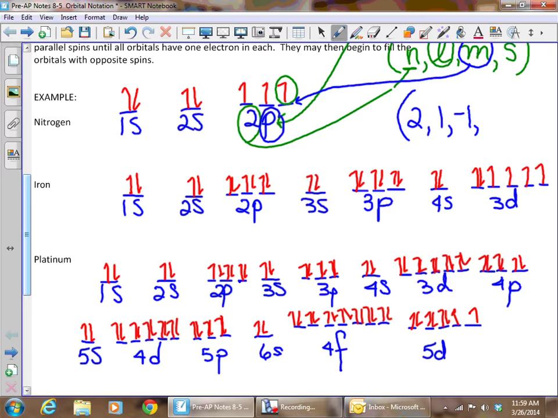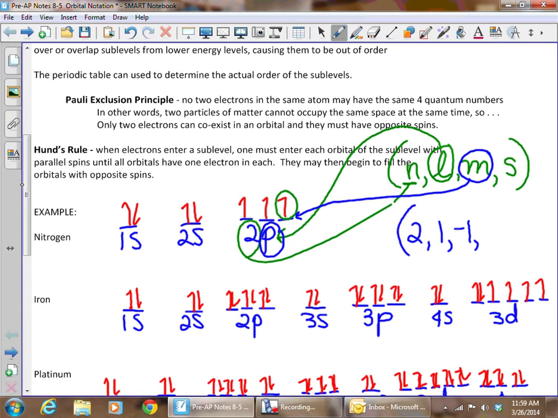And finally, for spin, it's simple: if it's an up arrow, it gets a positive 1/2. If it's a down arrow, it gets a negative 1/2. So that makes it pretty simple. Since this electron we're looking at is an up arrow, our final quantum number is going to be a positive 1/2. And that's the quantum number set for the last electron in nitrogen.